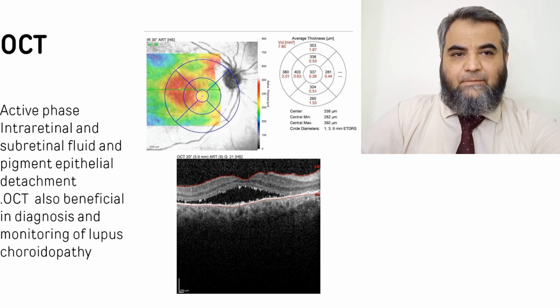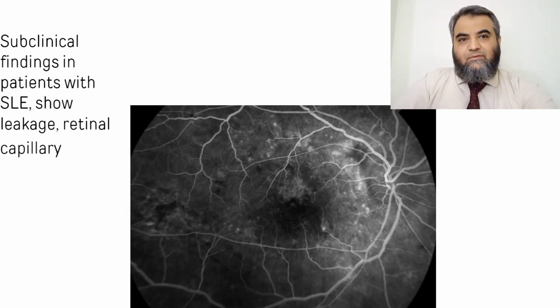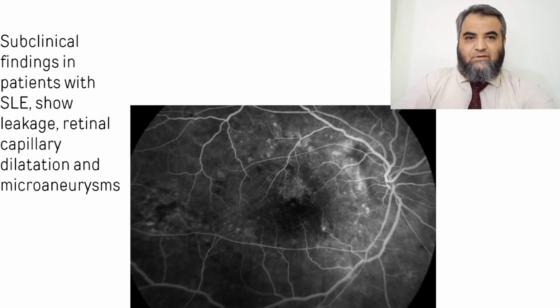Even in subclinical cases in which the disease is not very active, angiography will help us locate the microaneurysms, the capillary dilatation, and the leakage of blood vessels. All these things are shown in this patient in the slide; you can see the leakage over the different areas.